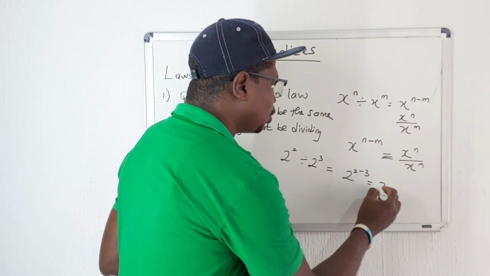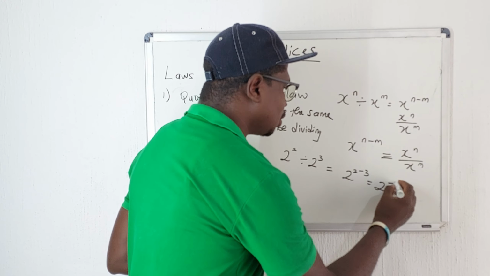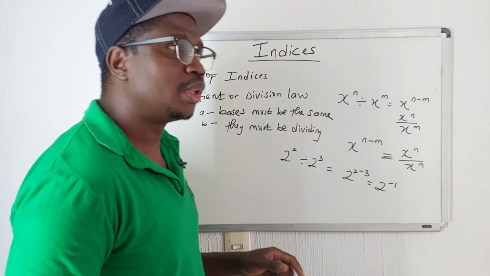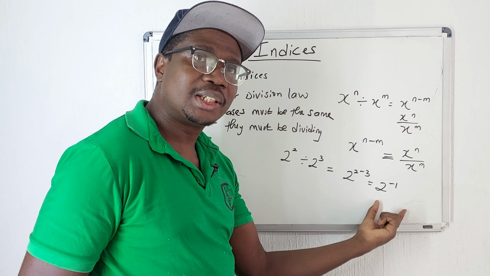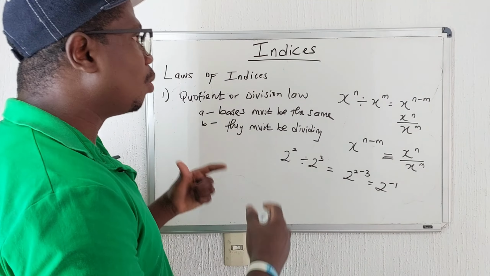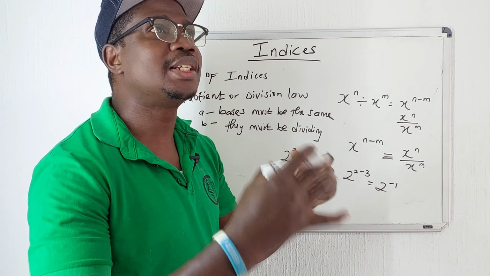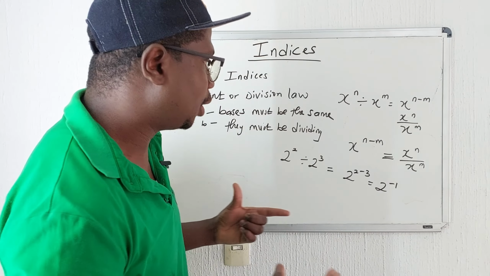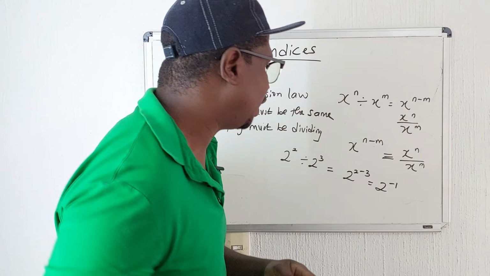This gives us 2 raised to power minus 1, because 2 minus 3 is minus 1. In subsequent laws, we're going to establish how we can simplify this further. Because, as I've told you before, indices help us simplify ways of solving mathematics or algebraic expressions. It makes them look more simplified.